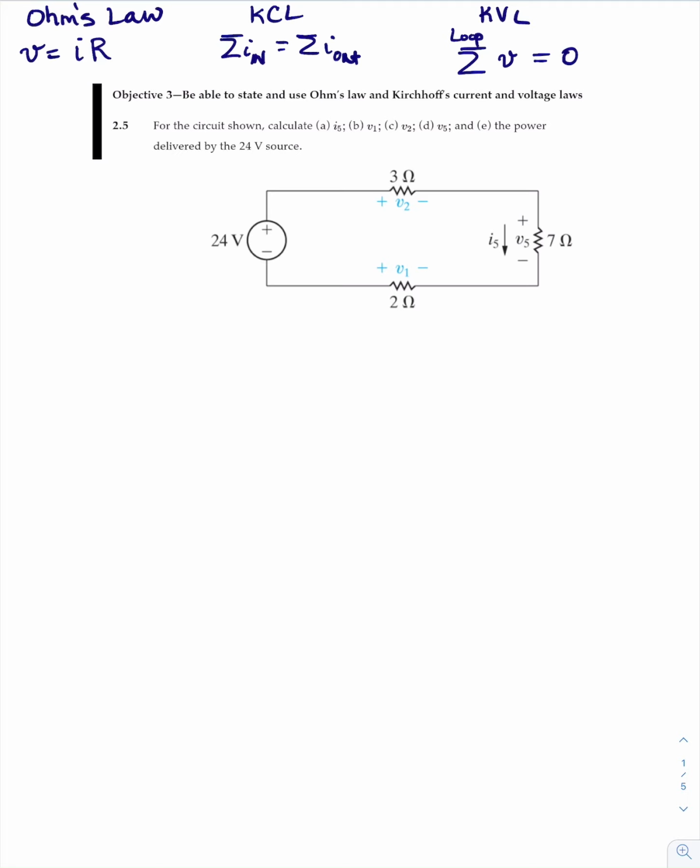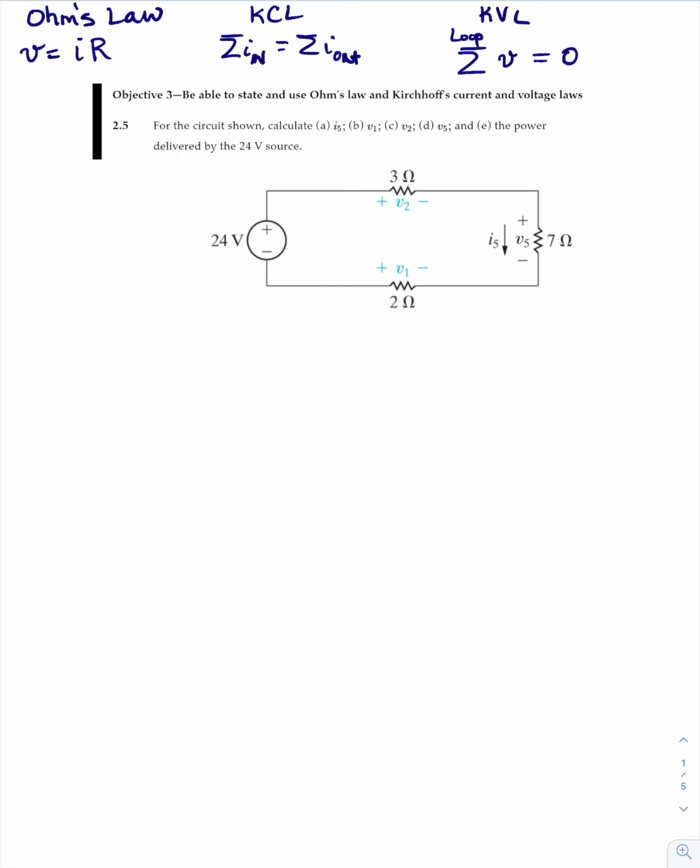Okay, so let's take a look at this circuit. It says for the circuit shown, calculate this current here, I sub 5, this voltage, and this voltage, and then we will look at the power delivered by this voltage source. All right, well, what do we know about this?